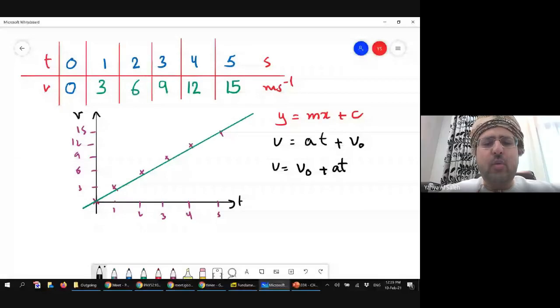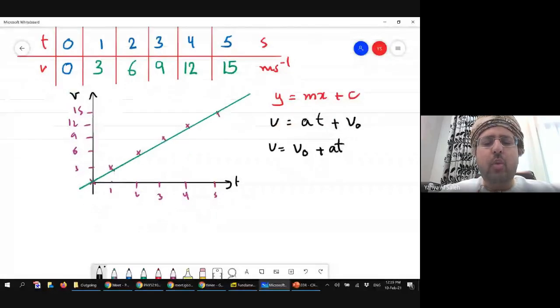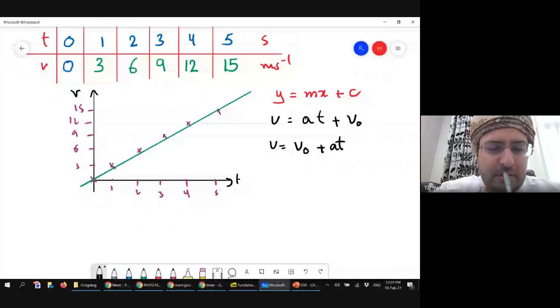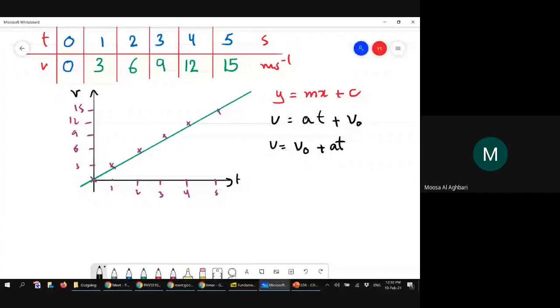Now, what if I want to derive the distance traveled during this time? What is it going to be? Any idea? Speed multiplied by time.